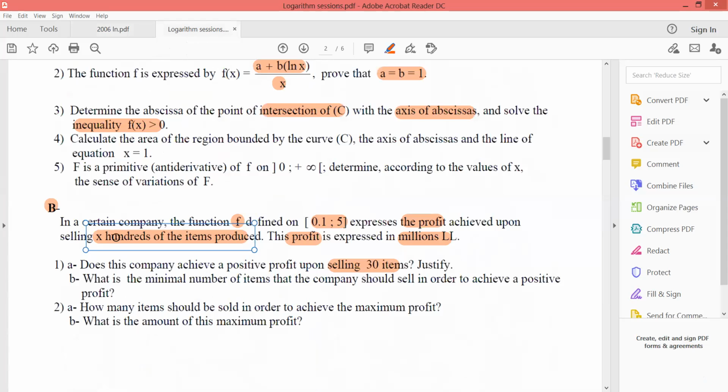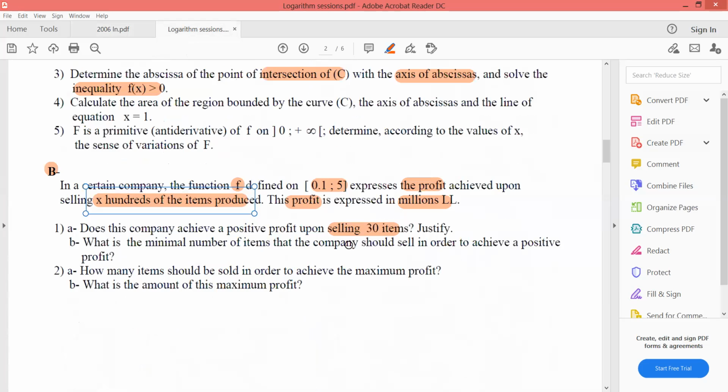Okay. What is the minimal number of items that the company should sell in order to achieve a profit? What is the minimal number of items so that the company should sell to achieve a positive profit? Who can tell? How to know? f(x) is greater than 0.